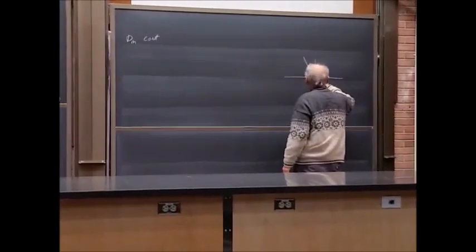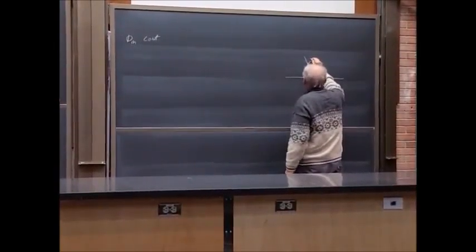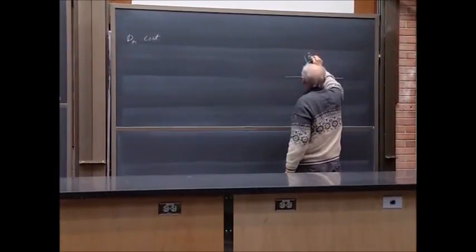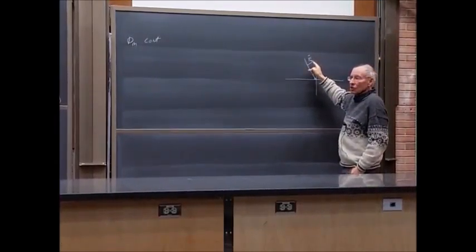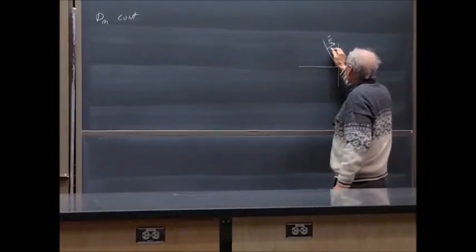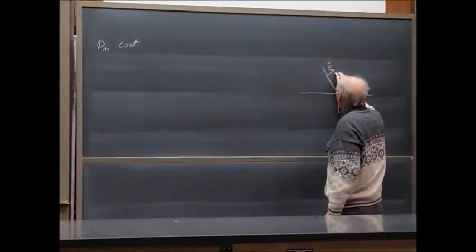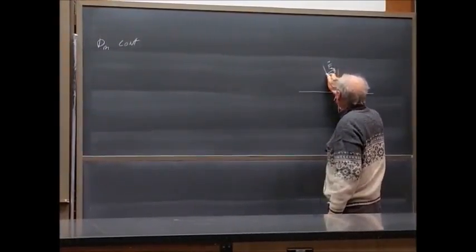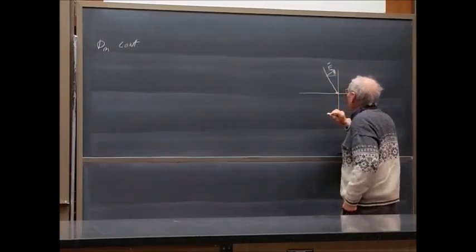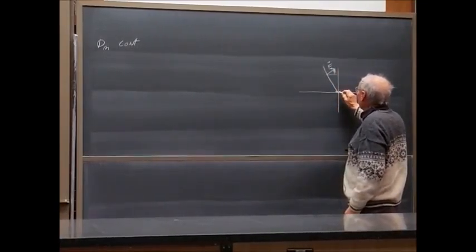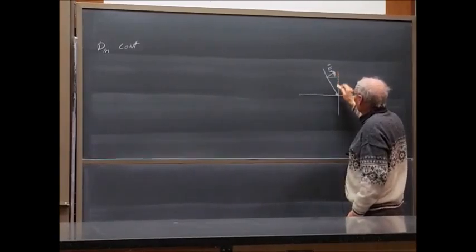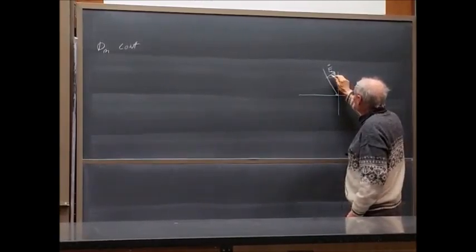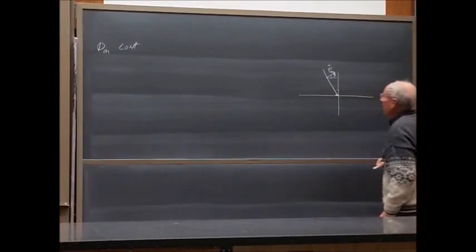So here comes our wave, and we had an E this way. So we have a D in this direction. The normal component is this one. That's normal. Now, when this goes to 0, that goes to 0. So this angle is the same as that one.